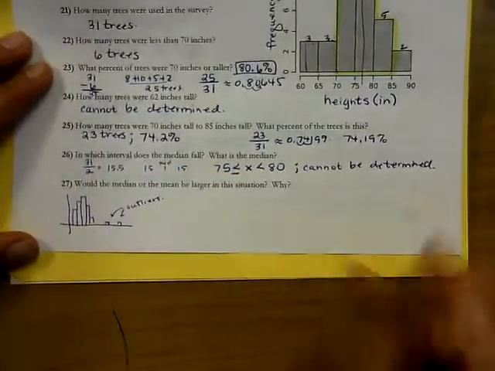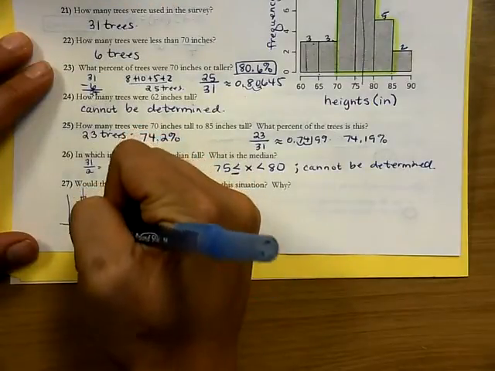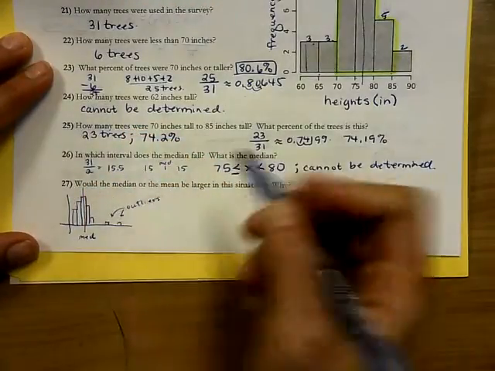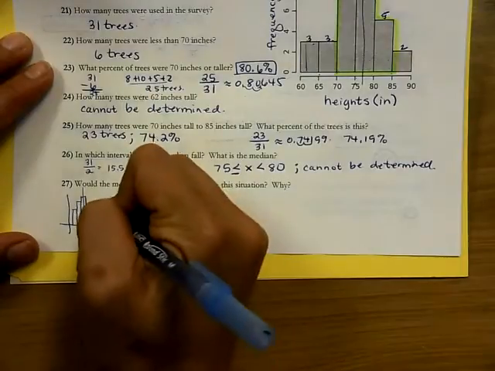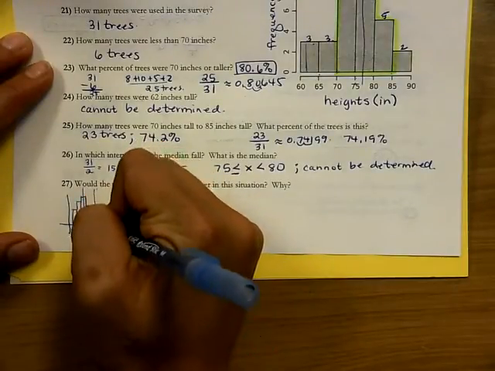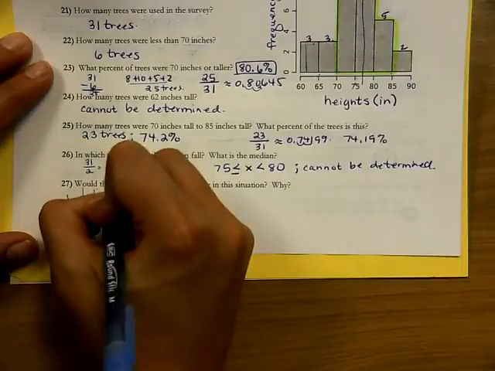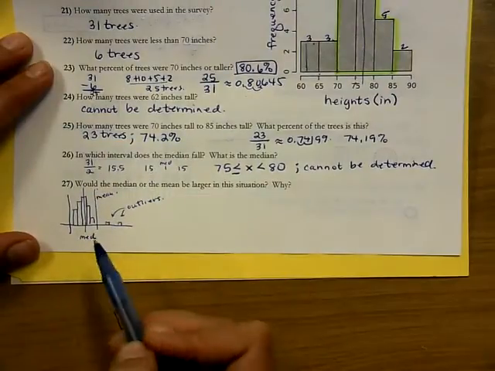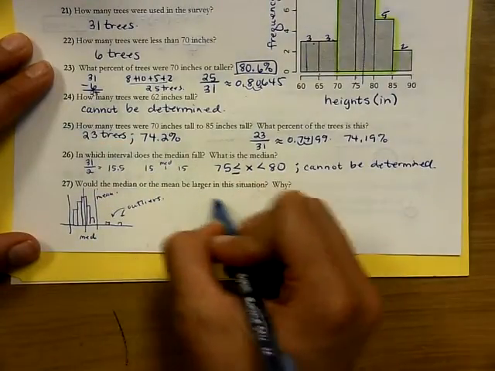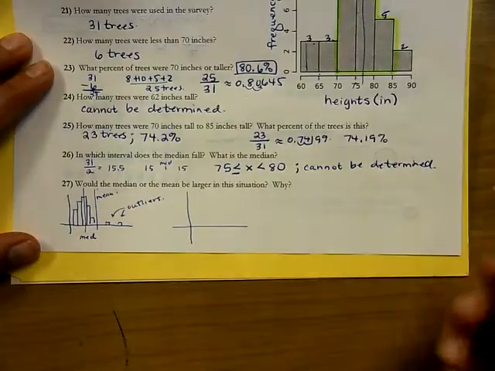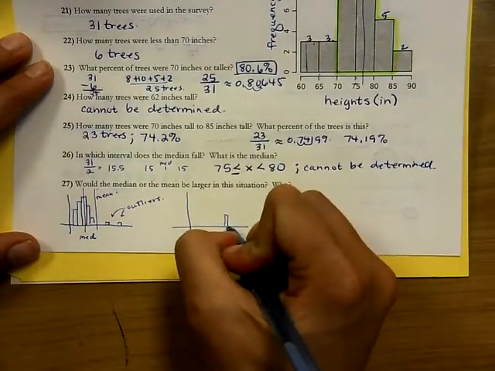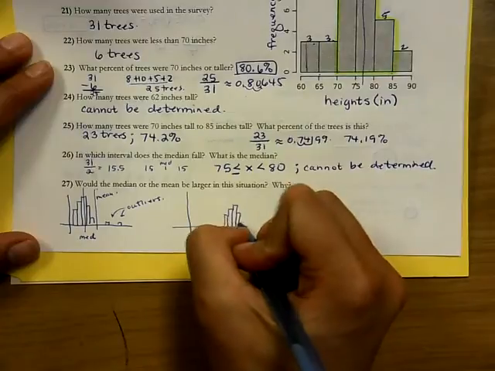And if you recall what we talked about in class, the median would be somewhere here, and the mean is pulled towards the outliers. So your mean might be here, in which case the mean would be greater than the median.